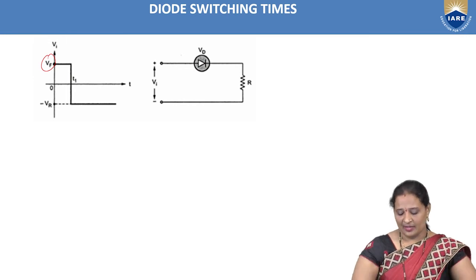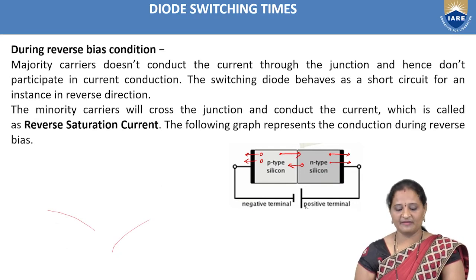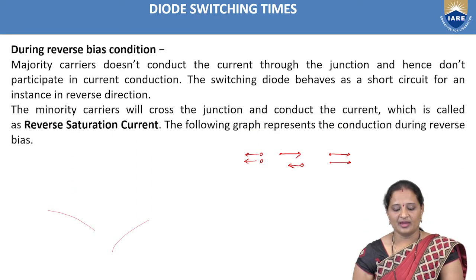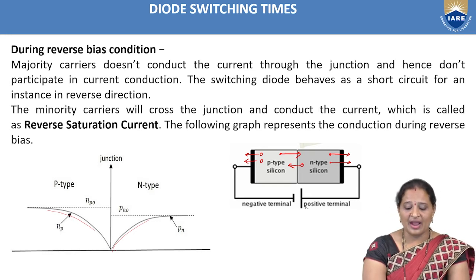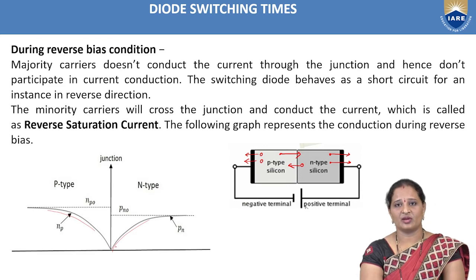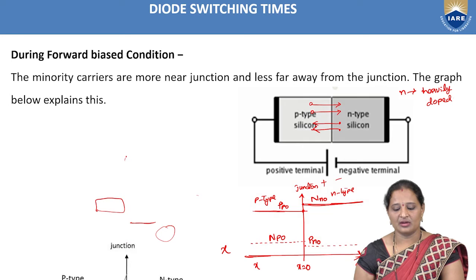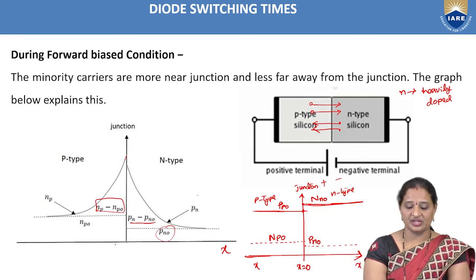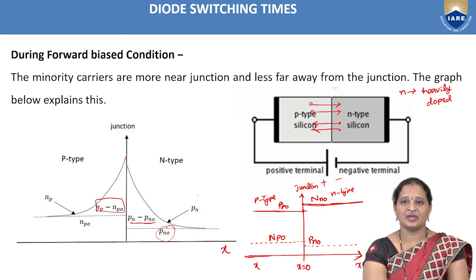If we observe the previous diagrams here, this is the reverse bias condition. Under the reverse bias condition, what is happening? The minority carrier concentration is becoming 0 near the junction. But under forward bias condition, there is excess minority charge carrier concentration near the junction.